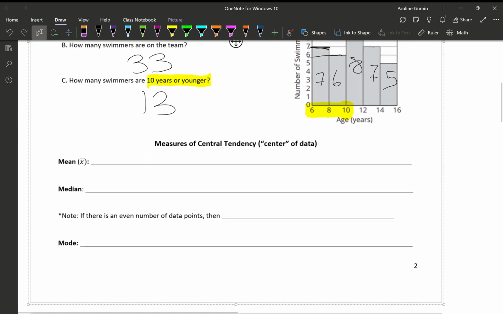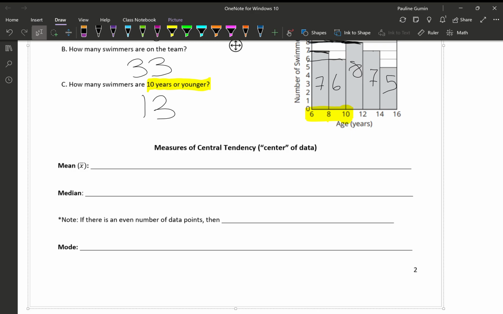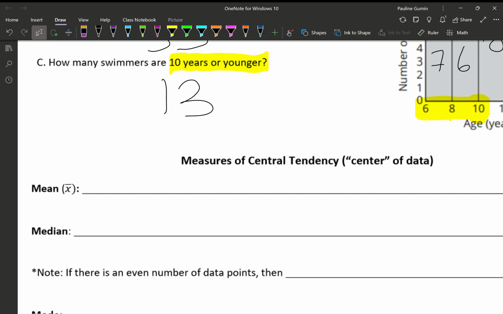Okay, let's do some definitions. First, bear with me on my handwriting. It's not beautiful, but it works. So I'm going to do my best to write clearly. Your mean, which is also represented by a little x with a little top hat on it, is the average.